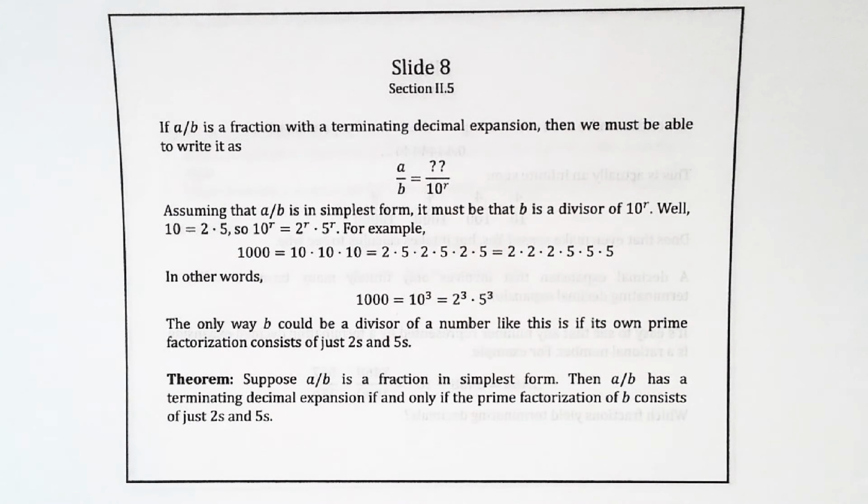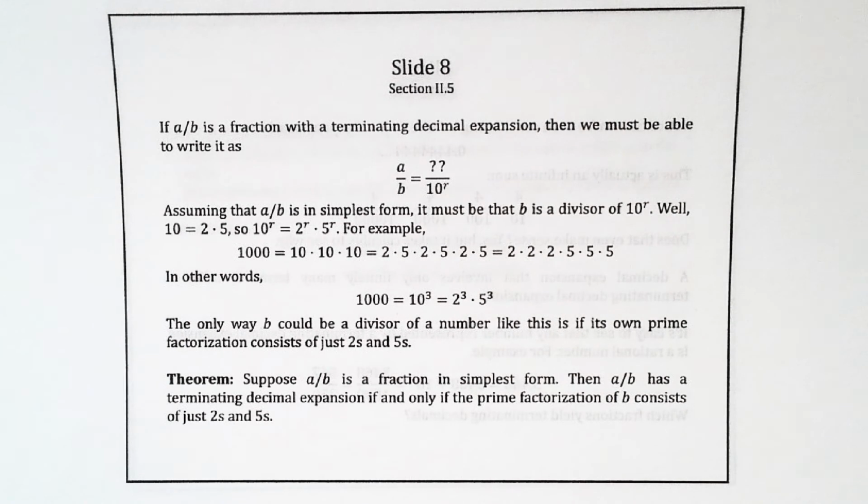Well, 10 to the r is a product of 2's and 5's. That's because 10 is 2 times 5. So for example, 1,000 is 2 times 5 times 2 times 5 times 2 times 5. And we know that anything dividing into such a number is itself going to have to be a product of 2's and 5's. So the only way that b could be a divisor of a number like that is if its own prime factorization is just 2's and 5's.